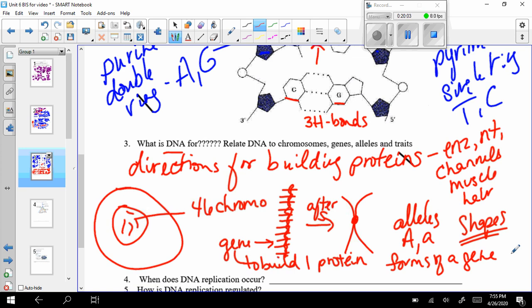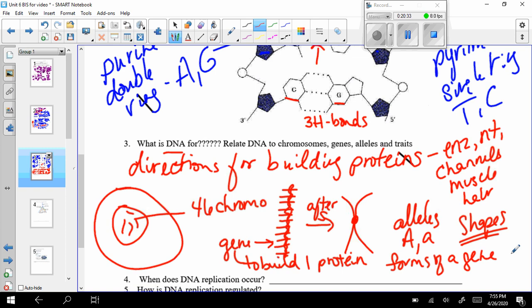One set of directions, let's say the capital A, will give you brown hair. Another form of the gene, another unique set of directions, would give you blonde hair. Even though I know hair color is polygenic due to multiple genes, that's as much as you can simplify it: a form of a gene is an allele. It leads to a trait like hair color.